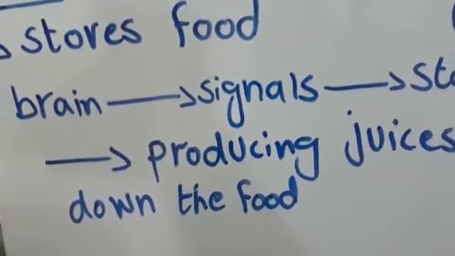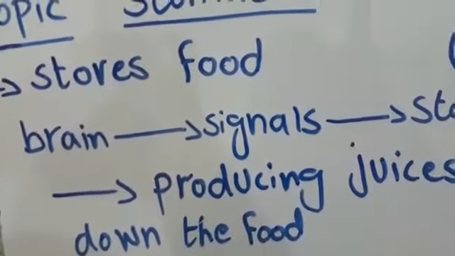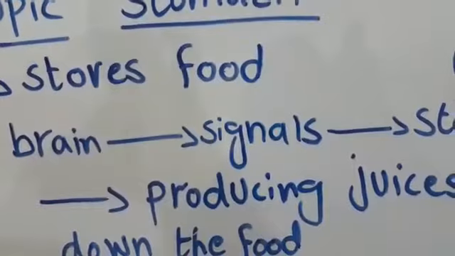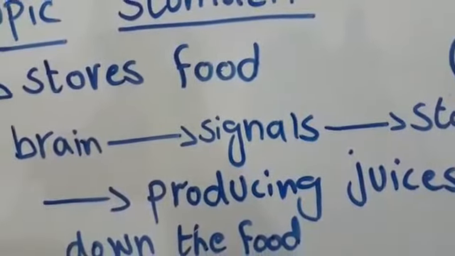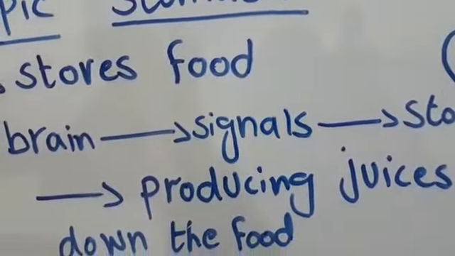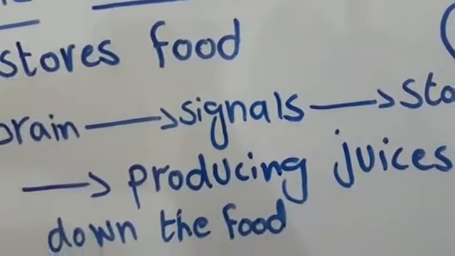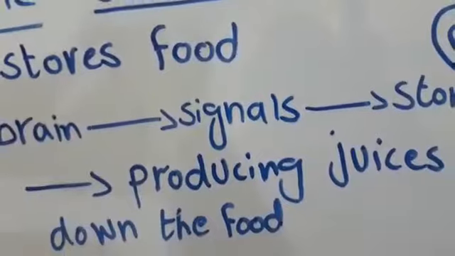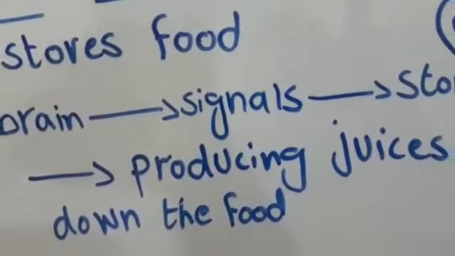Clear? When we eat something, the brain sends signals to the stomach that food is on its way. What is the signal of the brain to the stomach? The food is on its way. This is the message of the brain to the stomach.